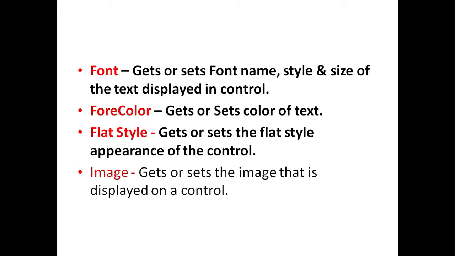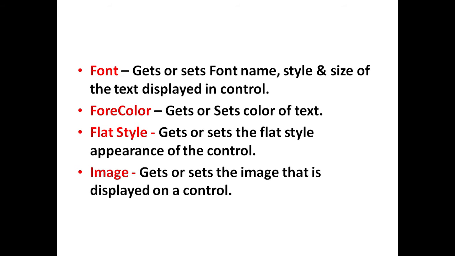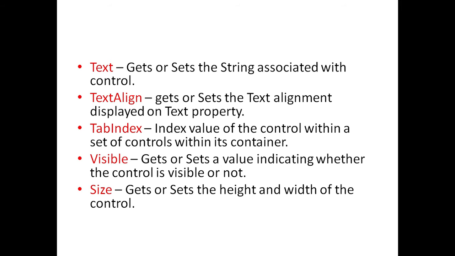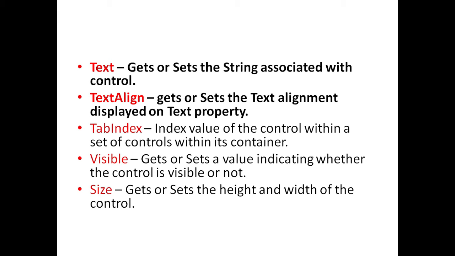Flat style property is used to get or set the flat style appearance of the control. Image property is used to get or set the image that is displayed on a control. Text property is used to get or set the string associated with the control. Text align property is used to get or set the text alignment displayed on text property.